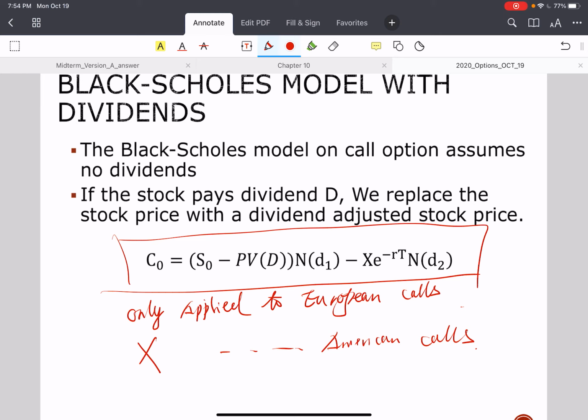This means an American call should be more valuable compared with a European call when there is a dividend, right? However, a lot of times you can actually use this formula as an approximation, because even though the American call option's value is higher than the European call option, their values would be actually close.